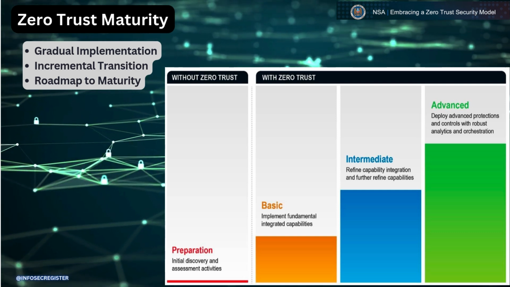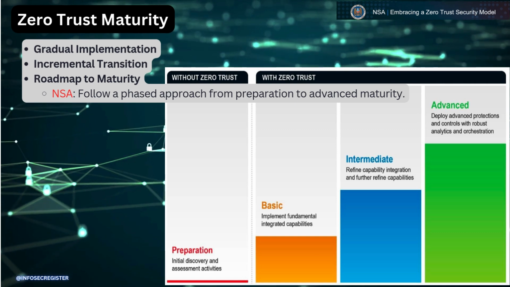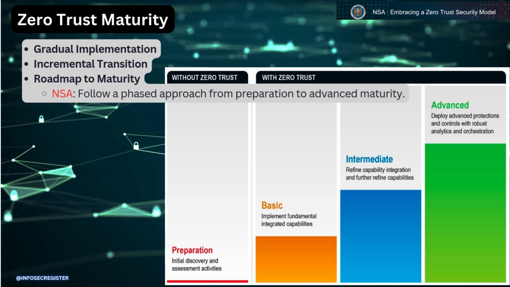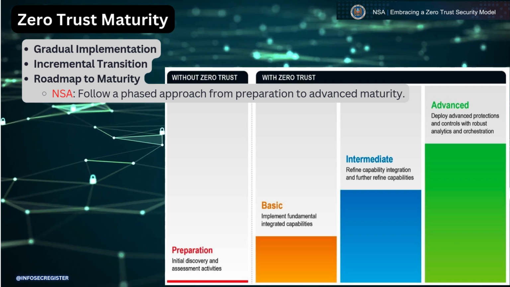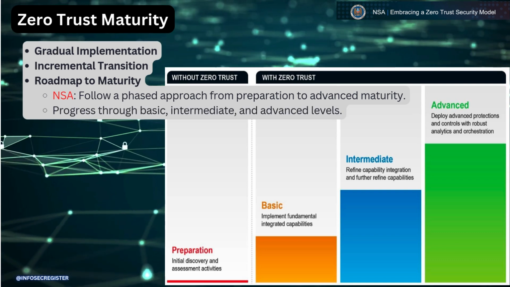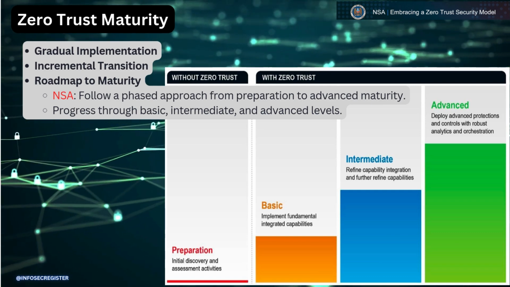Finally, roadmap to maturity. The National Security Agency, NSA, recommends adopting a structured roadmap for integrating zero-trust concepts into existing environments. This roadmap should encompass several stages, progressing from initial preparation to basic, intermediate, and advanced levels of maturity.